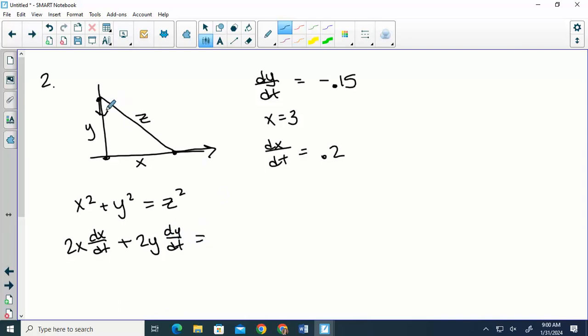Is that length changing? No, so it's a constant. So its derivative is 0. Okay, so at this point, I've got my x, I have my dx dt. I don't know my y, but I do know dy dt.